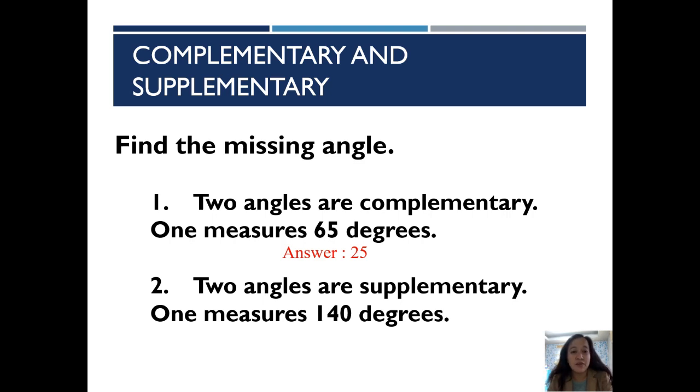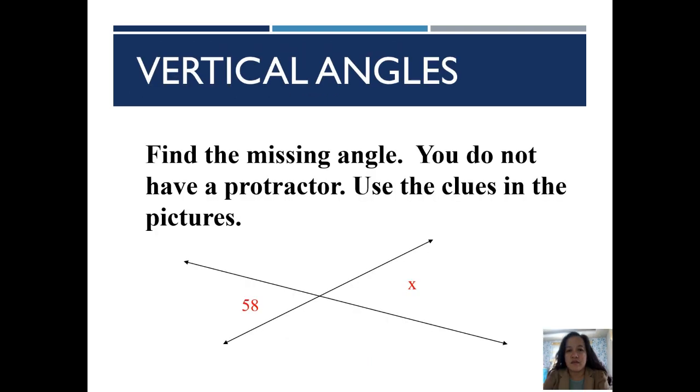Let's answer number 2. Two angles are supplementary. One measures 140 degrees. What would be the measure of the other angle for this to be supplementary? Exactly. The angle must measure 40 degrees. 140 plus 40 is 180 degrees.